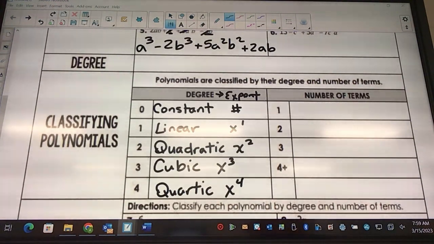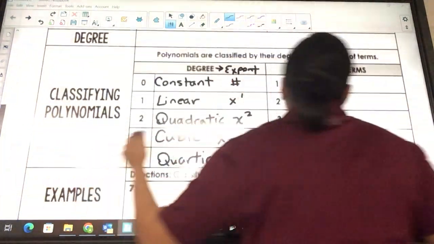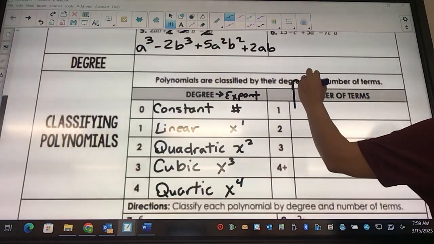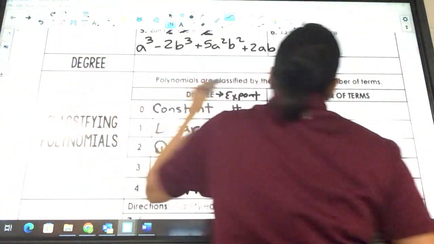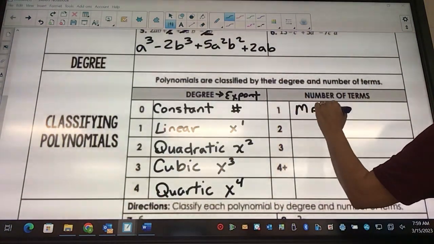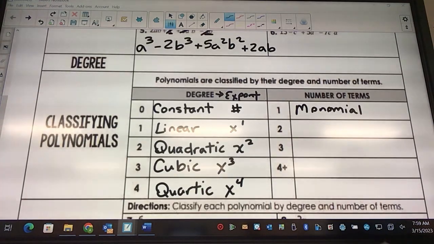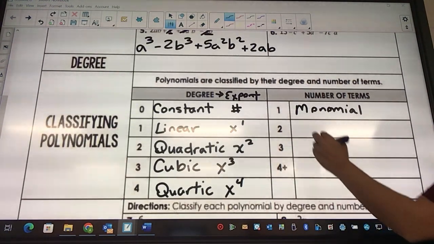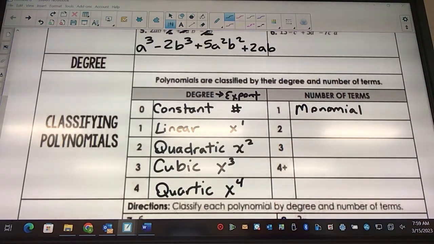And then the number of terms. If it's one term, it's going to be a monomial. If we've got 2 terms, it's a binomial.